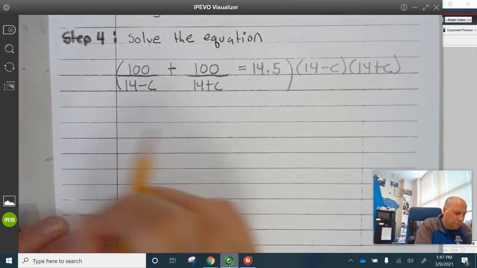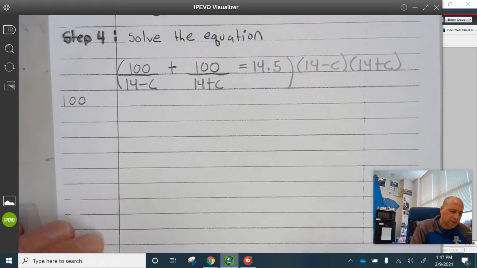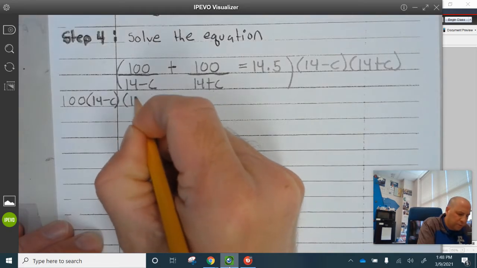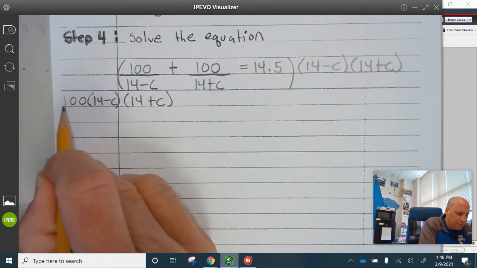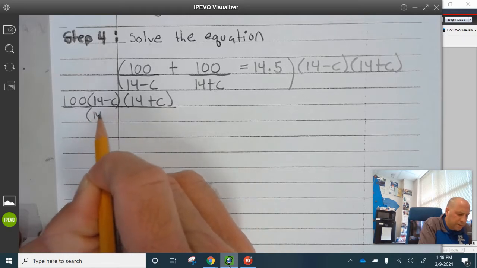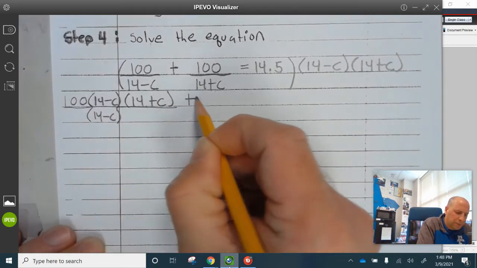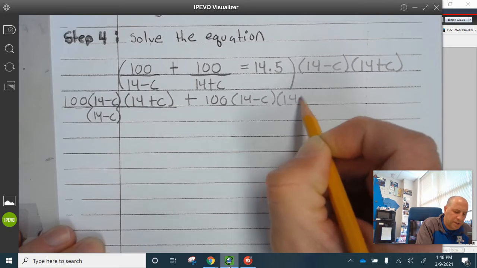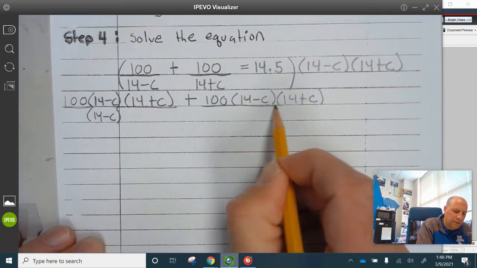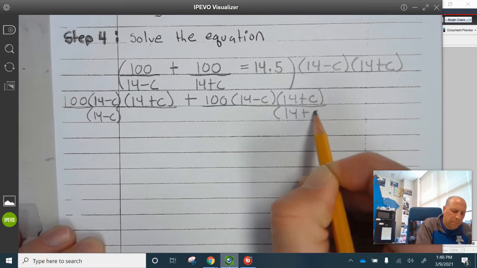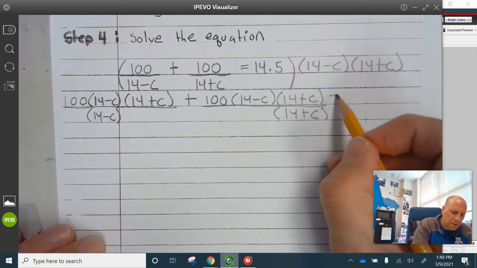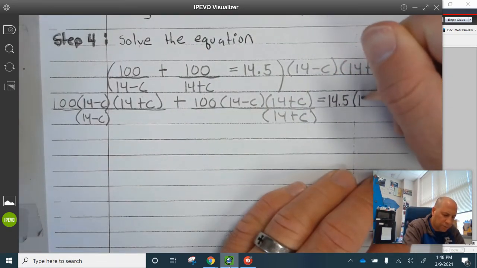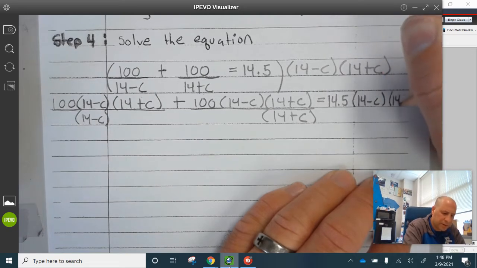So that's 100 times 14 minus c times 14 plus c, divided by 14 minus c, plus 100 times 14 minus c times 14 plus c, divided by 14 plus c, equals 14.5 times 14 minus c times 14 plus c.